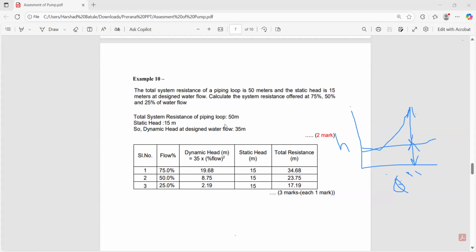That's a very large difference in dynamic head, sir, from 75 to 25. Yeah, if you are reducing the flow rates from 75 to 25, your dynamic head is going to change because you are reducing the flow rates. You are reducing the velocity, so there is less friction.